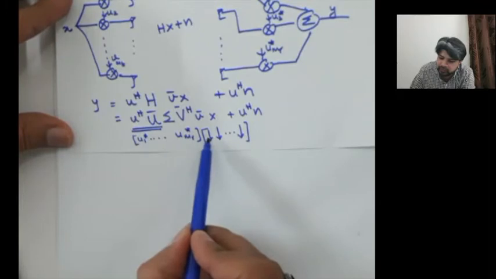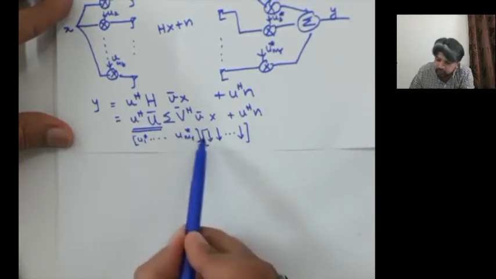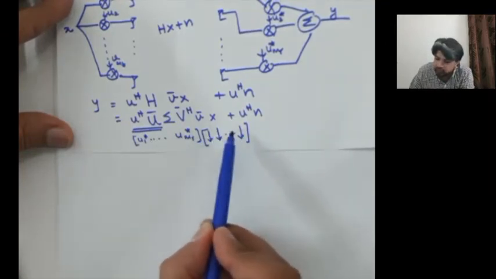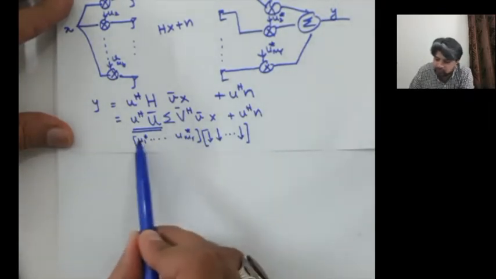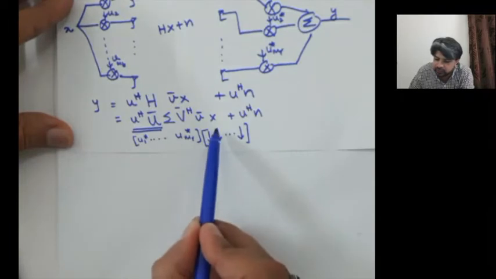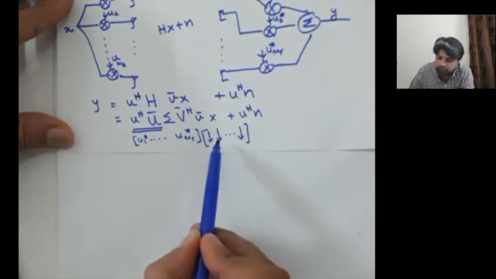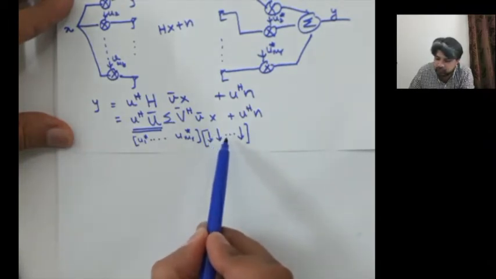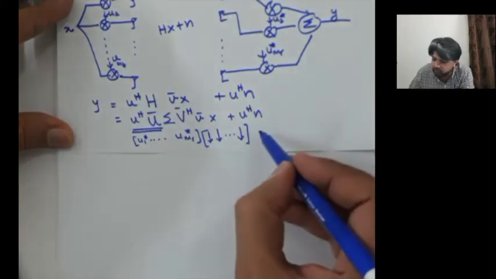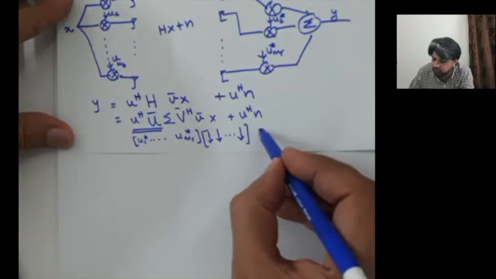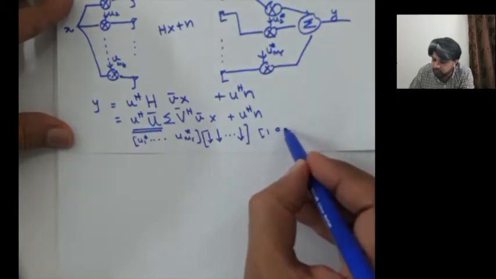Because these are unitary matrices, these are orthonormal. So this gets multiplied with this conjugate, you would get a 1 here, but it would be orthogonal to all of the other columns. So when it gets multiplied with the second column of the U matrix, that would give you a 0. Third column of the U matrix, that would give you a 0. Right? So this product would give you 1 and then all zeros.